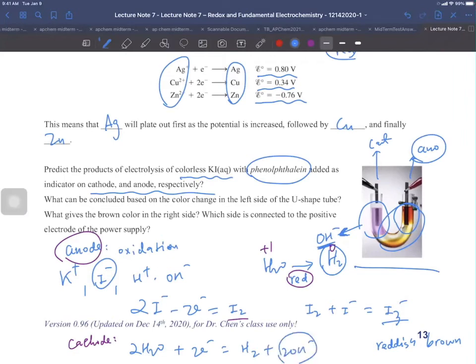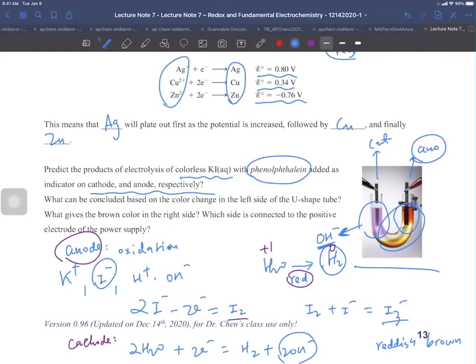And hydroxide will make the phenolphthalein pink, because phenolphthalein has a pH range of 8 to 10. If the pH is higher than 8, it will be pink. If it's higher, it will be red, right? So we guessed the reaction based on the experimental results.